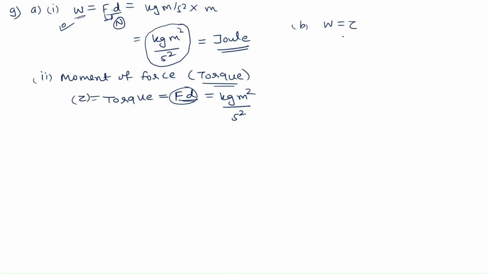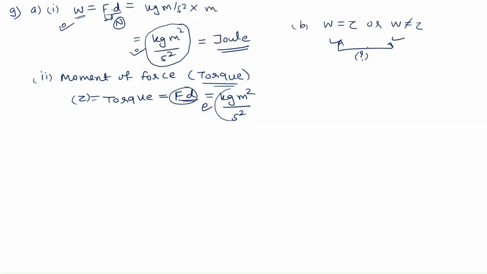Can we write like this or not? Which one is right? Here we see they have the same SI unit. So can we call work equal to torque? This is our question.